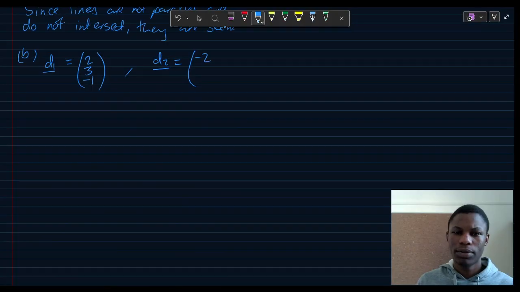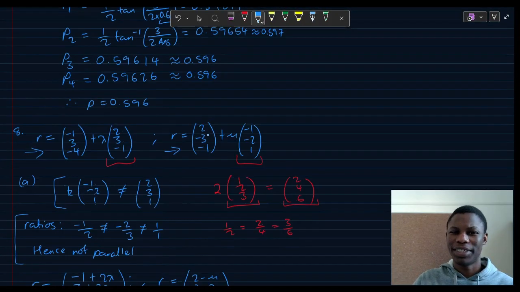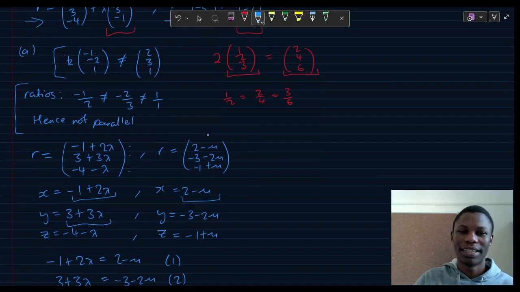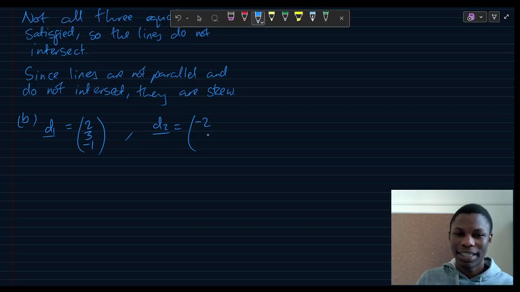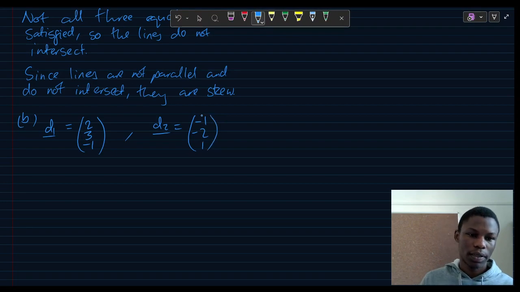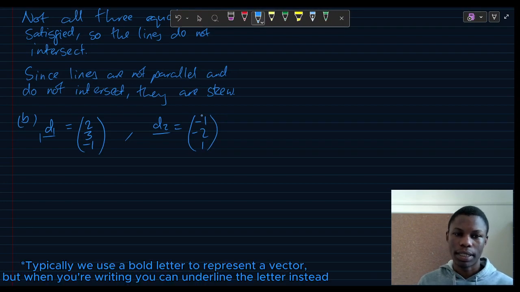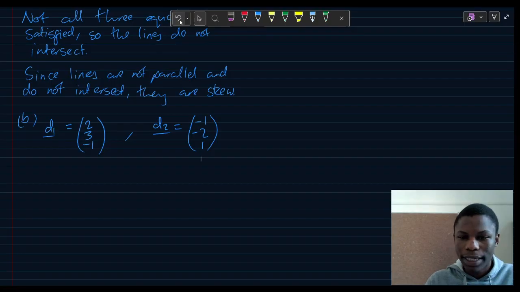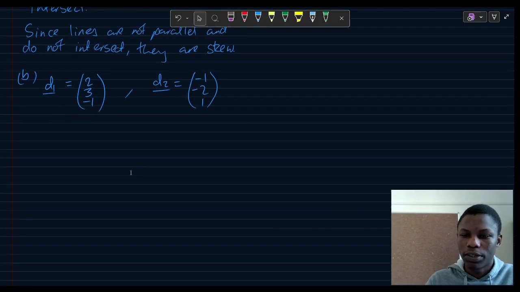Okay, perfect. If you're not familiar with this notation, this just means that this is a vector. Do not worry about that at all. Okay, so we want to find the obtuse angle between the directions of the two lines.